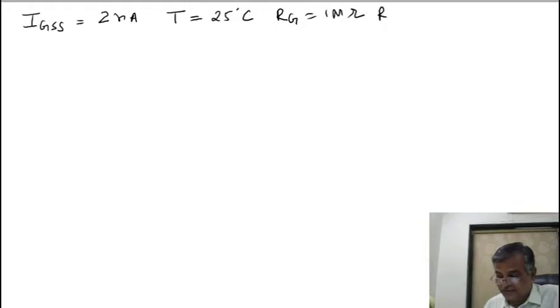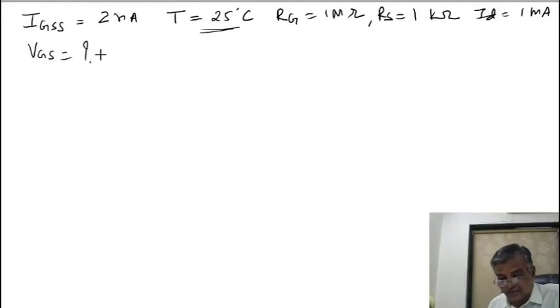Let us keep RS as 1 kilo ohm and drain current 1 milliampere. Now at this temperature, let us see where the Q point is, that is, at which gate to source voltage the Q point exists.